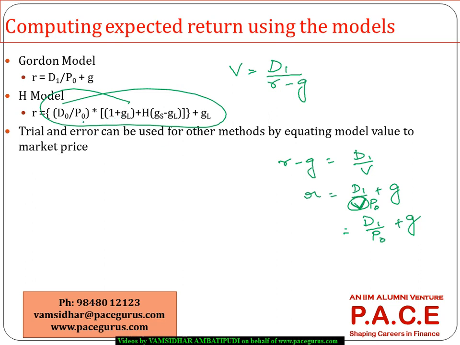Rather than trying to remember the formula, a small trial and error approach can also give you a much better and easier way of computing the required rate of return. But one thing we have to be comfortable with here is that dividend discounting models help us in even deriving what is the required rate of return in each of the cases.